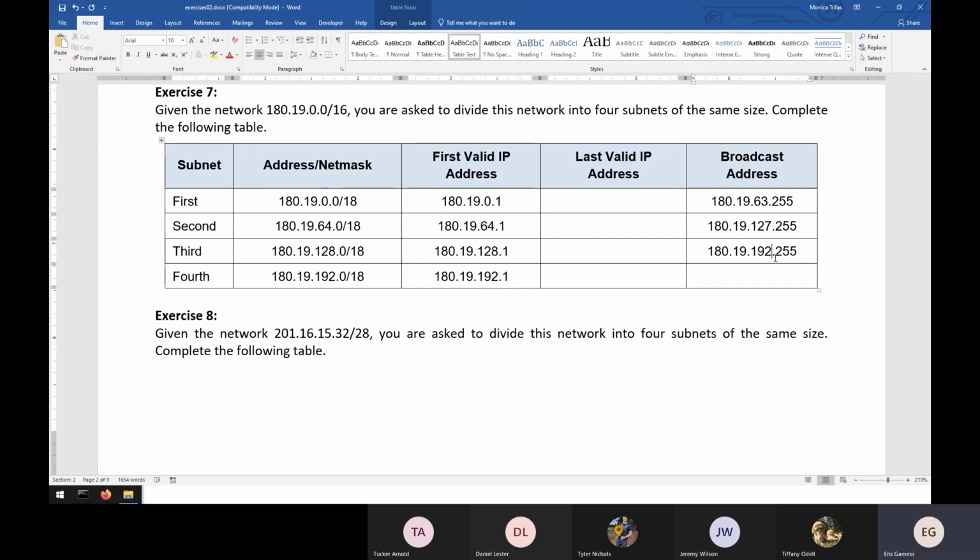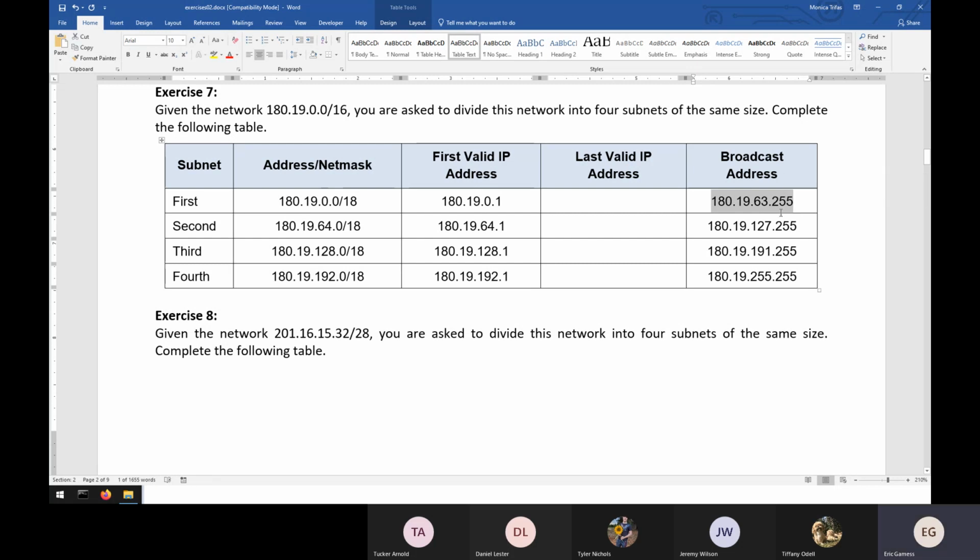Correct. And for the last subnet, what will be the broadcast address? Exactly, at the end 255.255. So 180.19.255.255.